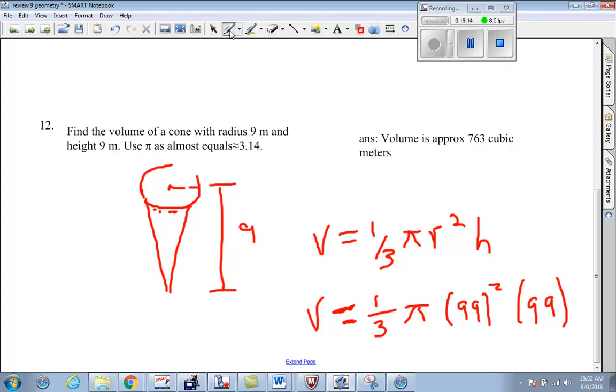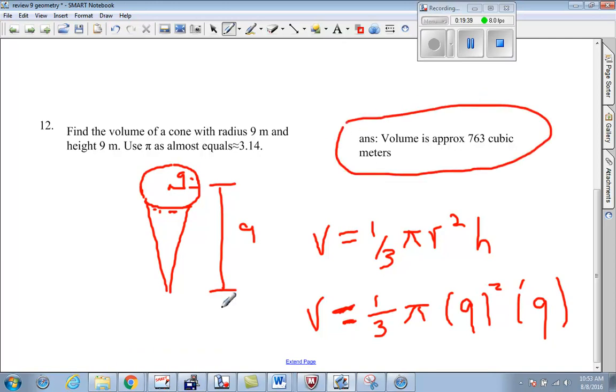I said, wow, those are large numbers. So that's 9, and that's 9. Now, let's try that again, because I noticed we were getting a large number compared to what we have for the answer key.